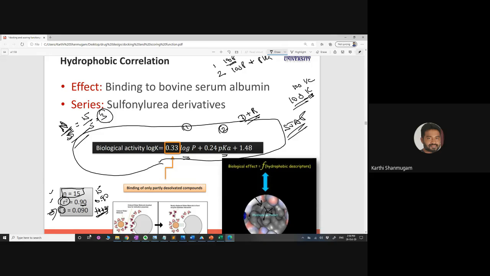Can you tell what is the regression coefficient for log P and what is the regression coefficient for pKa? Is my question understandable?